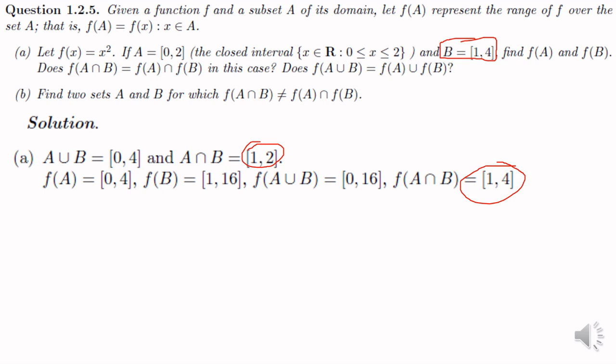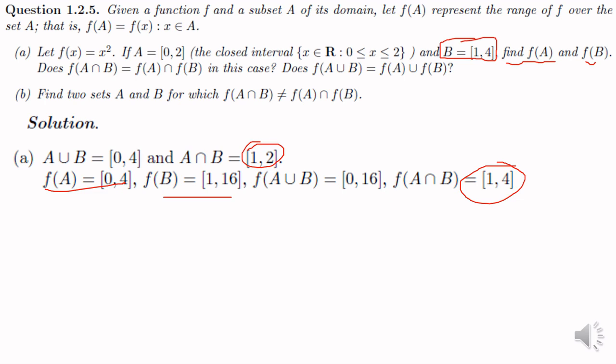Now we have to verify these things. So the first part of the question was to find fA and fB. We have found fA and fB. Now you have to verify that f of A intersection B is the same as fA intersection fB, and also you have to verify that f of A union B is equal to fA union fB. So you have got fA and fB.